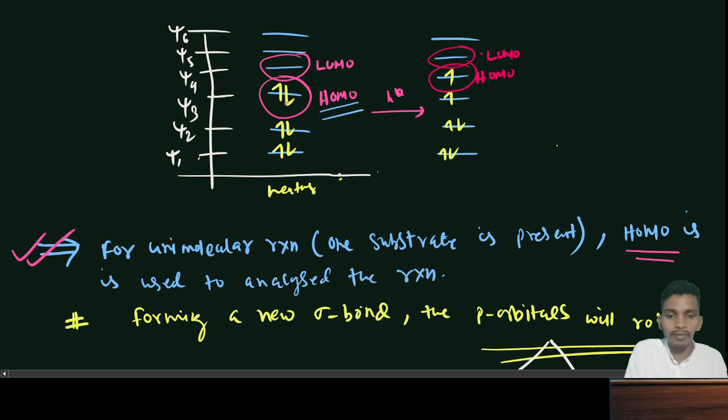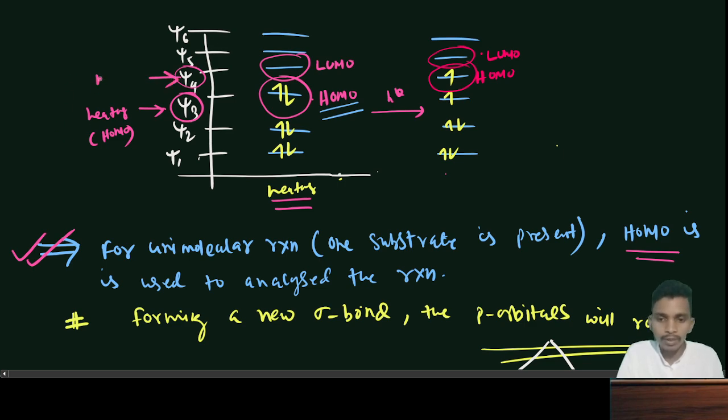So here, which is the HOMO? This is the HOMO, and this is actually Psi3 for heating. For photochemical conditions, this is the HOMO, and this is going to be Psi4. So this is the HOMO on heating, and this is the HOMO for photochemical conditions.